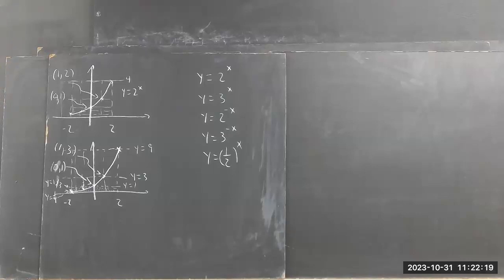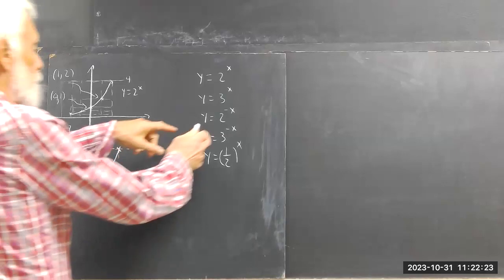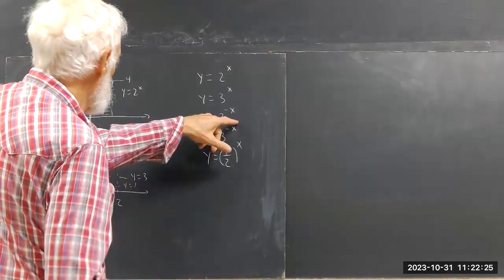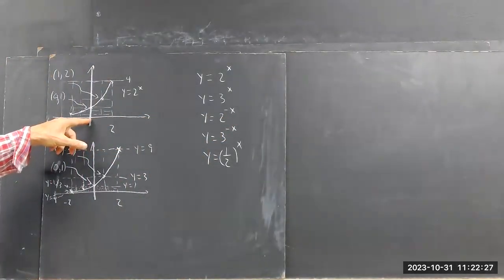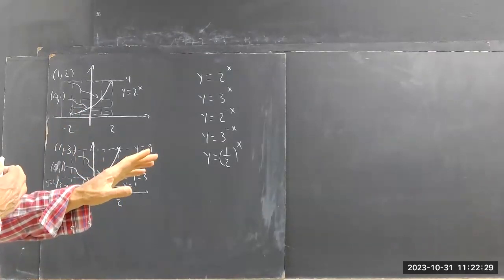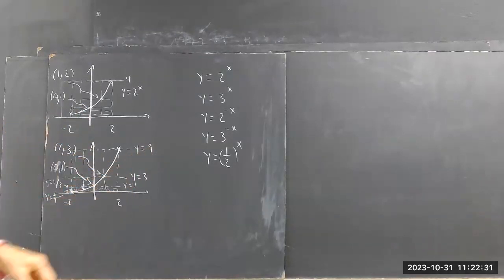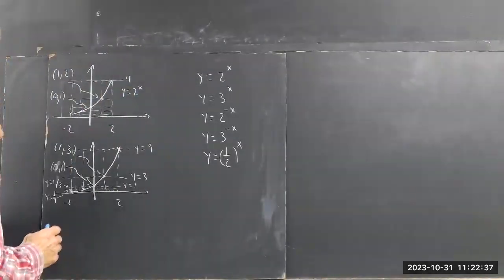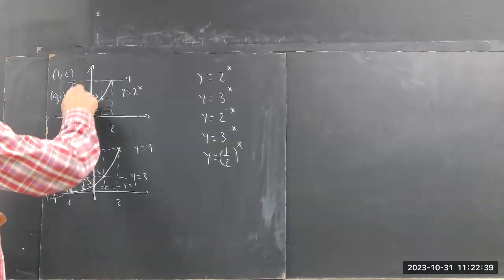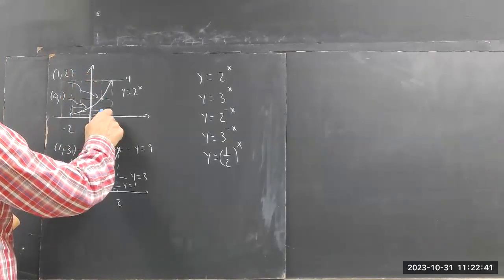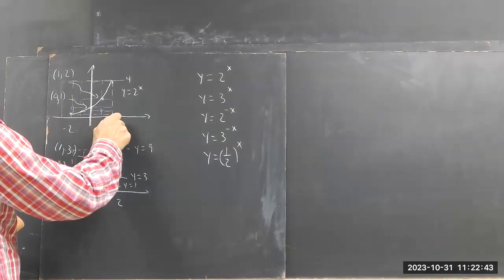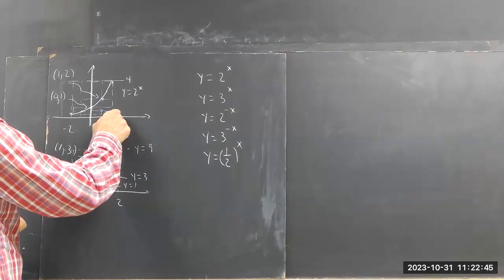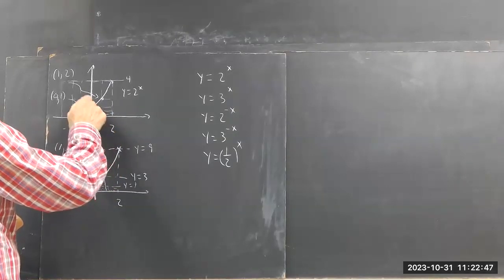Okay. So what about 2 to the negative x? Well, 2 to the negative x replaces x by negative x, so it just flips this graph about the y-axis. That's a basic transformation. So 2 to the negative x is going to look like this.